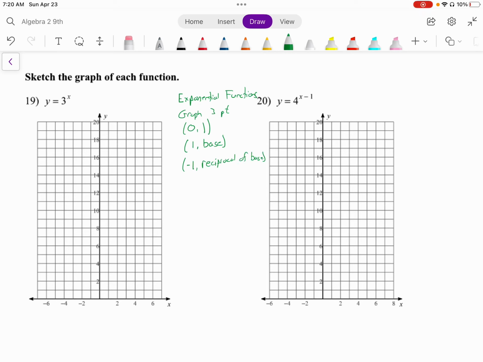All right, so we're going to graph those points. And then we're also going to remember that for the parent functions, the x-axis is a horizontal asymptote.